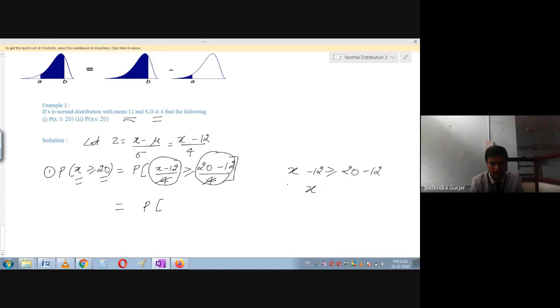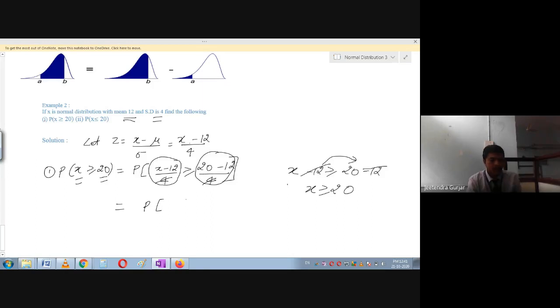I want to calculate the x value, so I will put this minus 12 on this side, and minus 12 and plus 12 will get cancelled. What is the value we get? It is 20. Sorry, it is not 20. Okay, no problem. You can take 2 or 20.